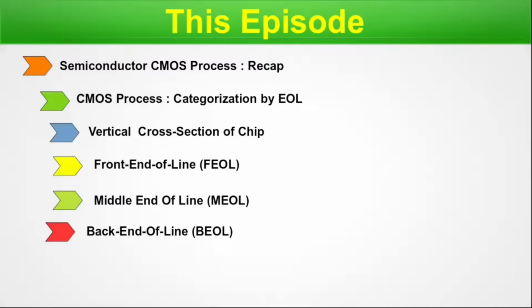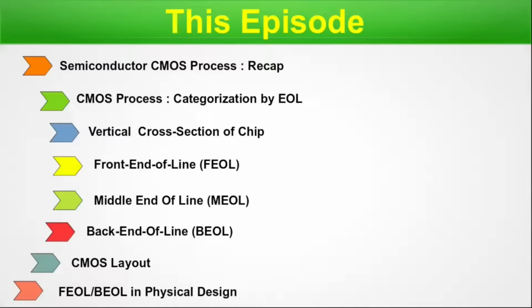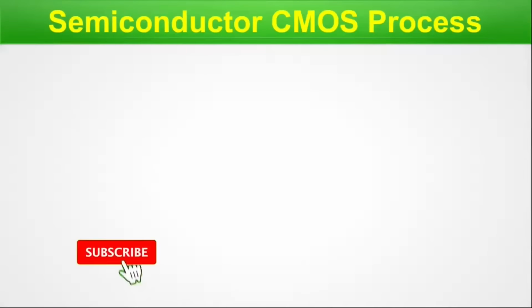Then we will cover the back end of line. We will show the different end of line sections inside a CMOS layout. Then we will point out the FEOL and BEOL parts which are designed through the physical design steps. Once all these points are discussed, we will summarize the entire discussion. We are done with this slide, so let's move on.